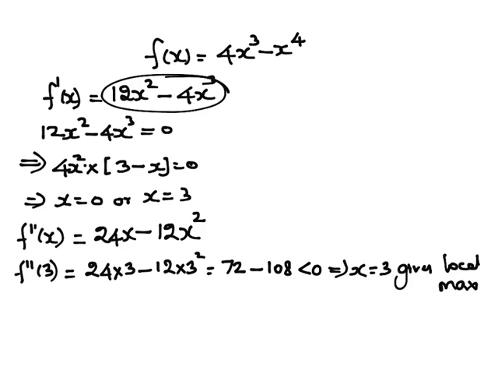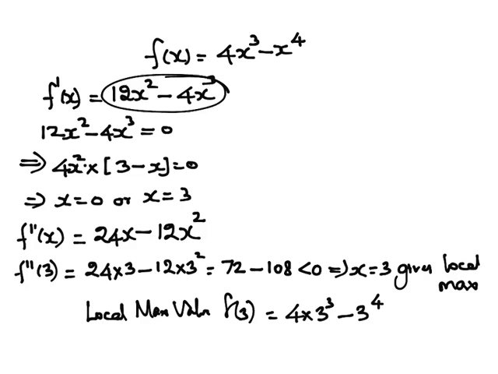And that local maximum value is f(3), which is nothing but 4 into 3 cubed minus 3 power 4. So again I'll get 108 minus 81, which is nothing but 27. So 27 is the local maximum value.